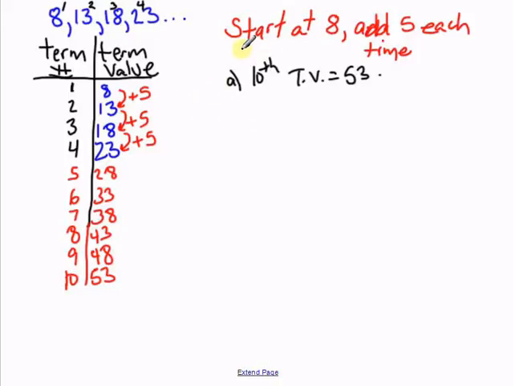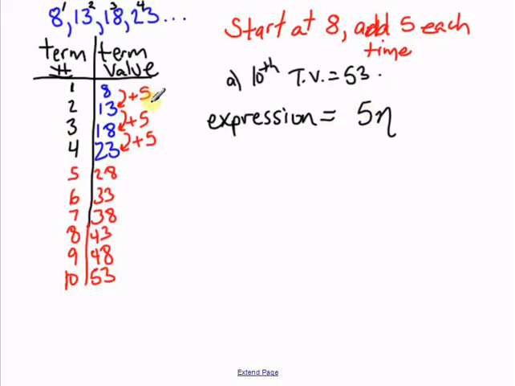What I remember from class, or what I hope you remember from class, is when we start our expression, we always look at what value the pattern is going up by each time. Does it go up by the same amount each time? If it does, that's great for us because we know it's a linear growing pattern. And this goes up by 5 each time, which means there's multiples of 5 in the pattern. So because of that, we always start our expression with 5n.